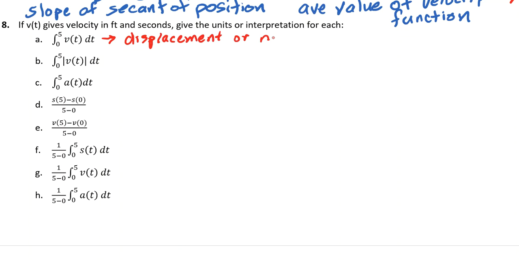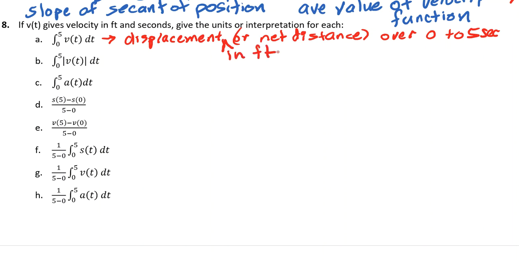And I hope you'll use the term displacement over the time period from 0 to 5 seconds. And I actually should say displacement in feet.